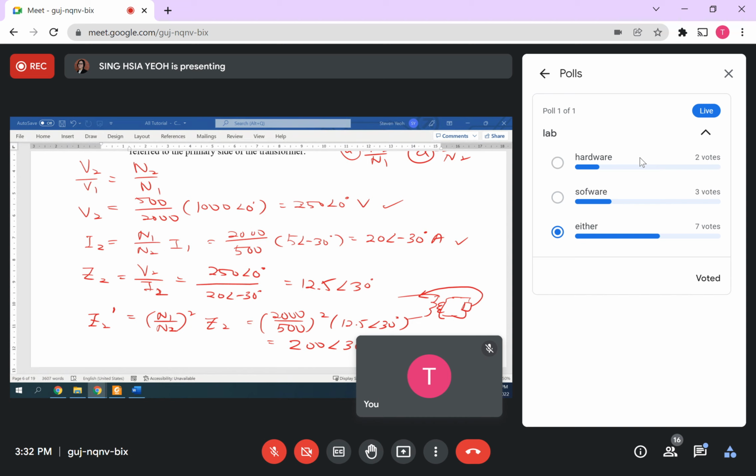From these polls, I think the majority of you are okay either way. Hardware only, 2 students. Software, 3. That means we look at the cases.